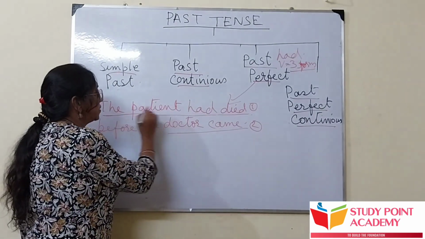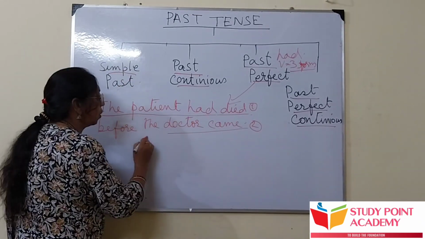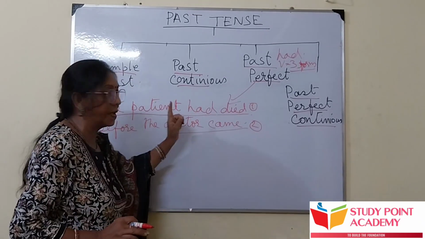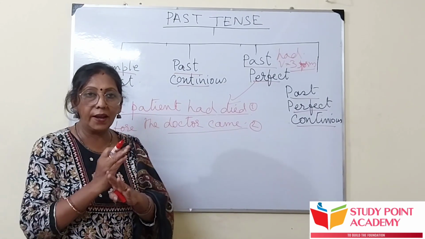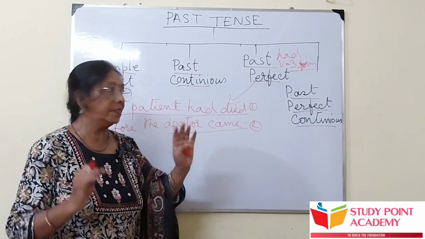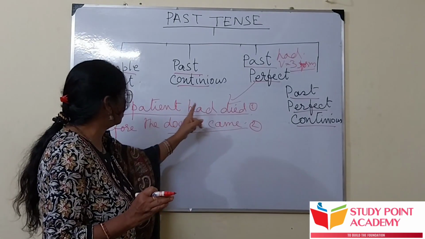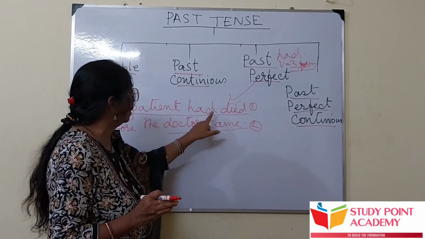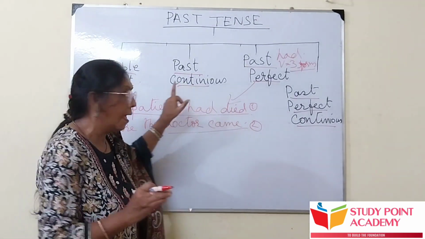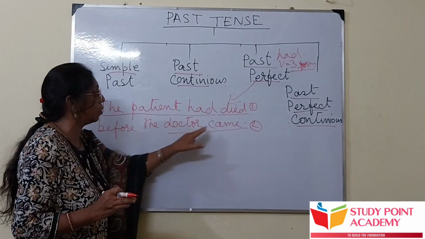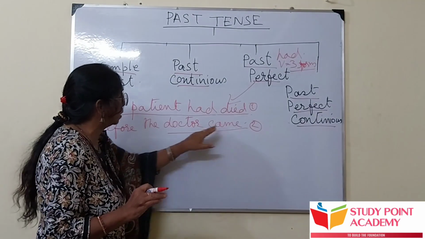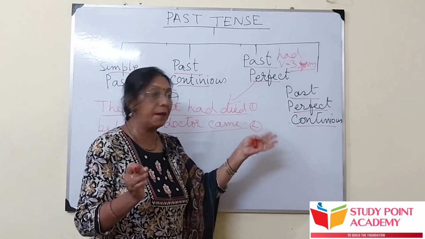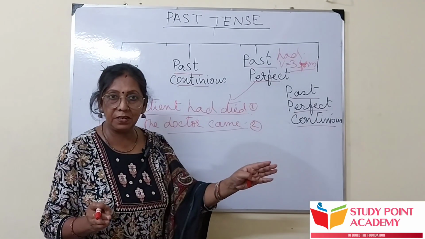So the patient had died first; within two actions, one action was finished first. That's why we added past perfect in the patient died. The next action is the doctor came, which came after the patient died.